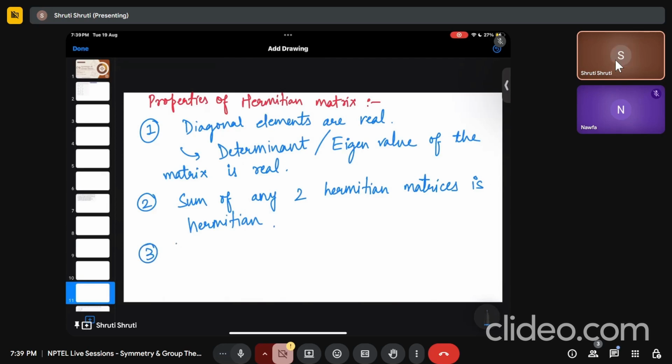Third is the product is also Hermitian. Like if you have two matrices which are Hermitian, then their product will also be Hermitian. And the fourth property is the inverse of a Hermitian matrix will be Hermitian.